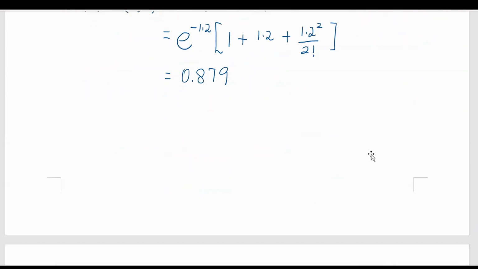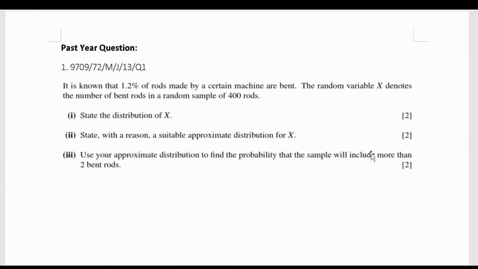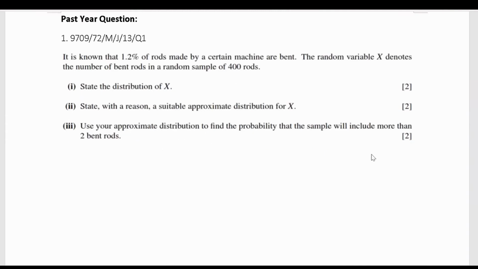Let's see some past year questions. This is a question from May-June 2013, variant 72, question 1. It is known that 1.2%, a very small percentage, meaning a very small probability, of rods made by a certain machine are bent. The random variable X denotes the number of bent rods in a random sample of 400 rods.